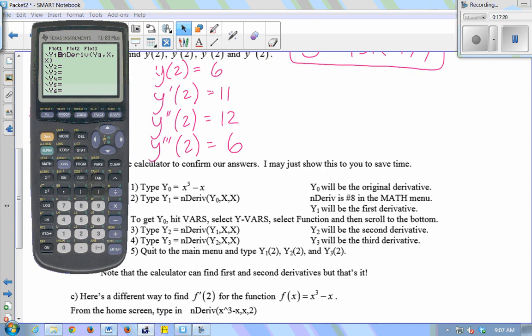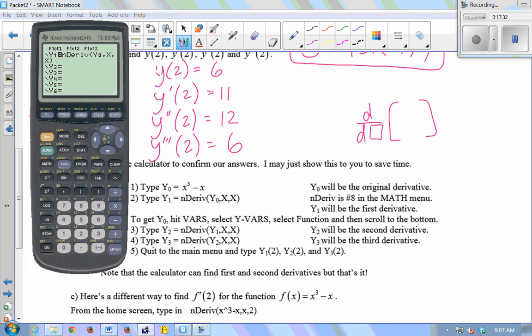And if you have a slightly fancier calculator, when you press nderiv, you'll get d blank of blank evaluated at blank, right? So in here, you're going to put the x. In here, you're going to put the y0. And in here, you put the other x.